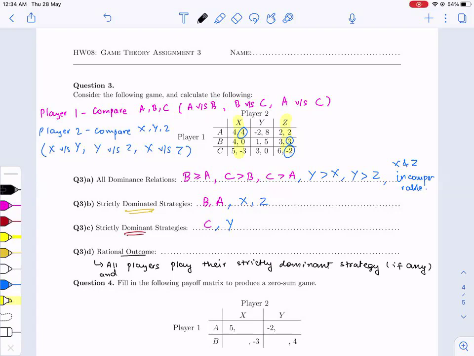And they never play a strictly dominated strategy. Okay, so in this case, player 1 clearly has a strictly dominant strategy C, and so does player 2, which is Y. So a rational outcome would mean that player 1 plays their best strategy C, and player 2 plays their best strategy Y.